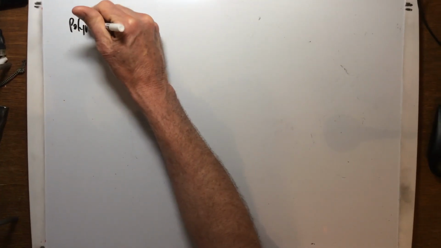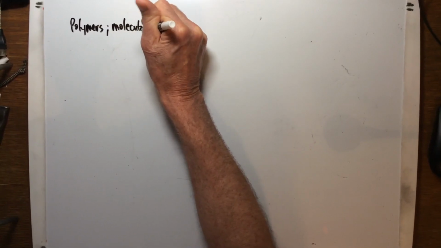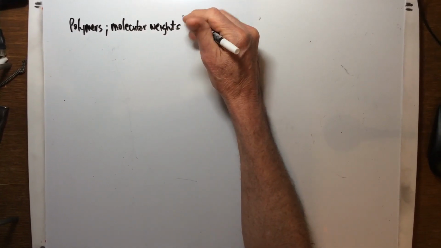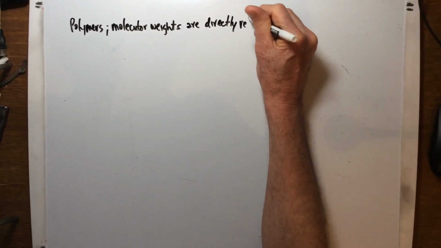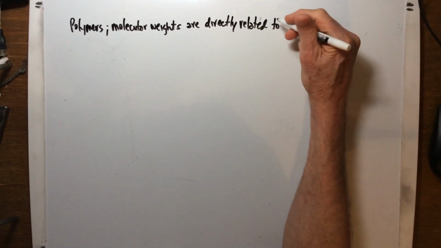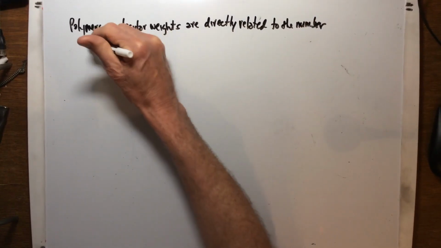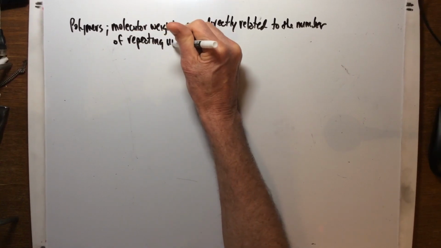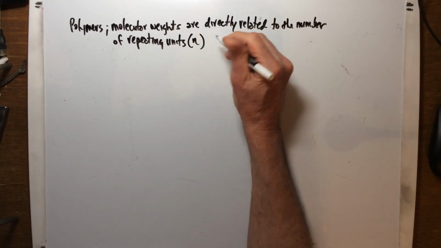And for polymers, the molecular weights are directly related to the number of repeating units. Okay, and that number of repeating units, obviously we were calling earlier n.